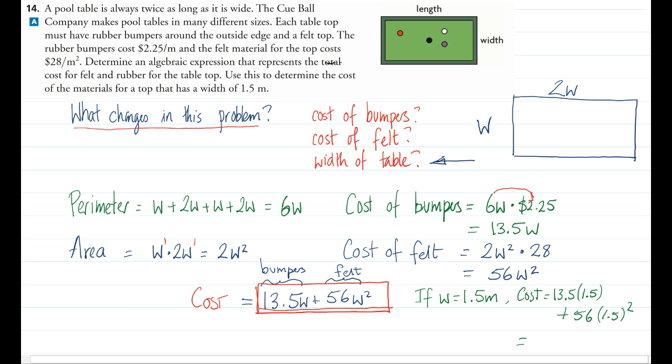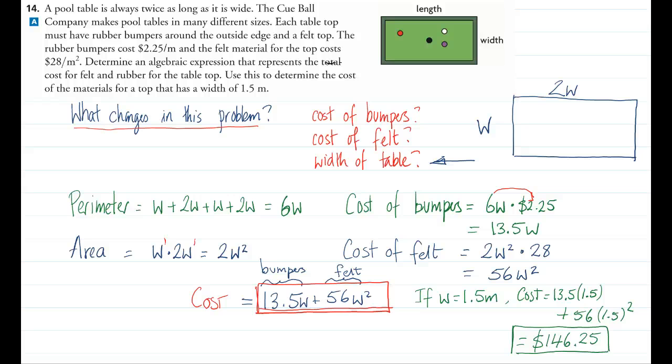And if I calculate that, I get $146.25. It's important here to make sure that we have a unit. As you can see, there is a unit here. It's dollars, so we need to include that in our answer.